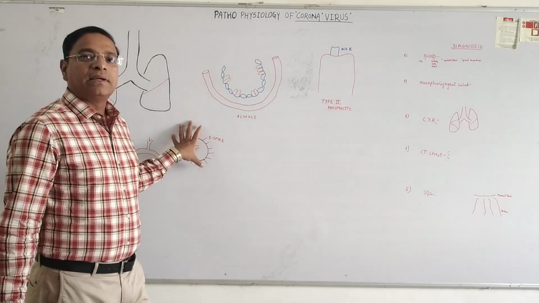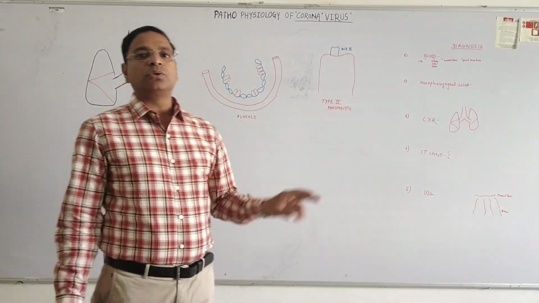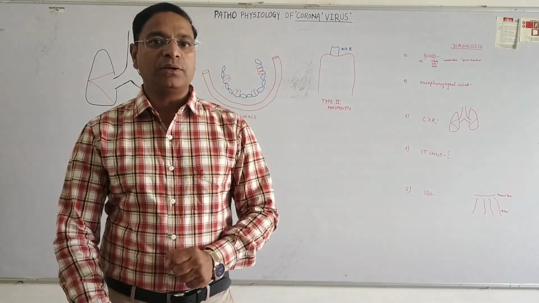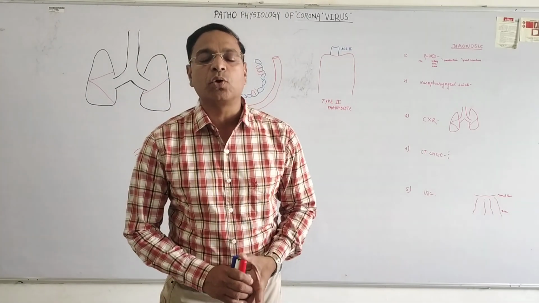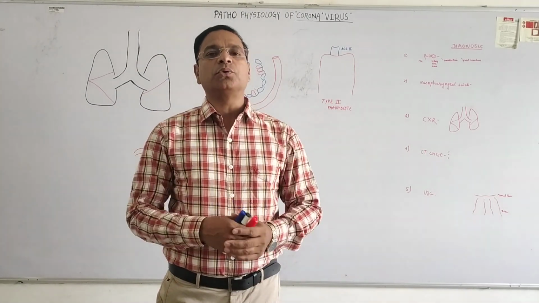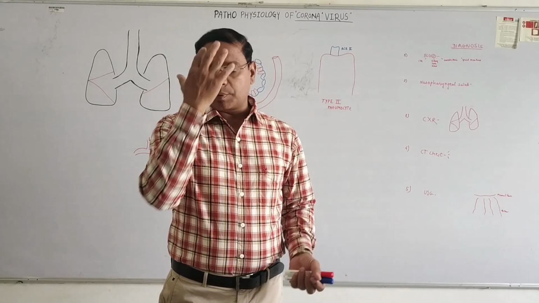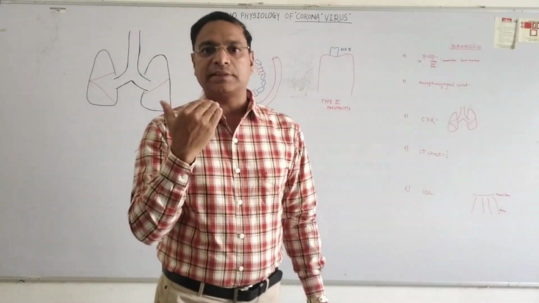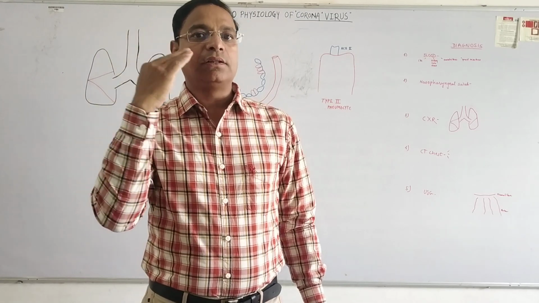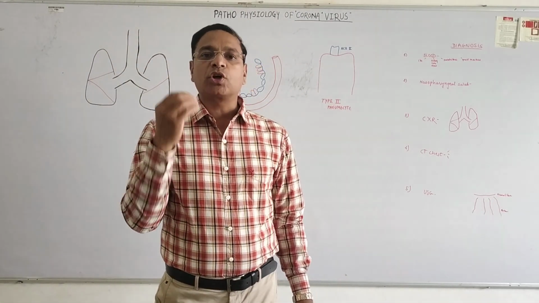Now this virus enters into the body through two routes. One is the respiratory route and another is the fecal-oral route. The respiratory route is through contact with the mucous membrane, typically the T-zone of the face: the eyes, the nose and the mouth mucous membrane.